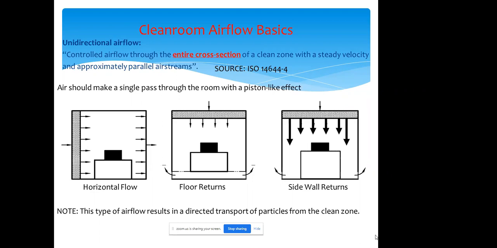And when you have turbulence, that means all your particles suspended in the air are not going anywhere. Instead, they are going around in circles. And that's how you might end up with contamination on your devices or contamination on your tables because the air is not moving freely.